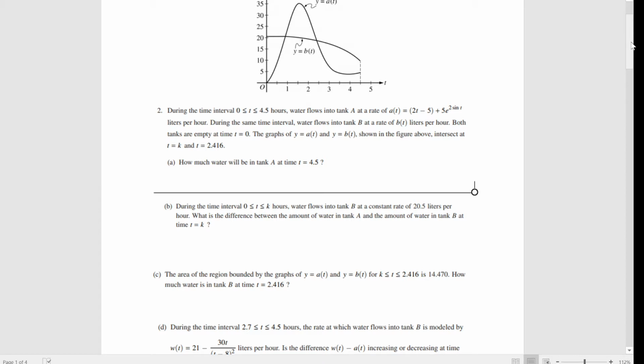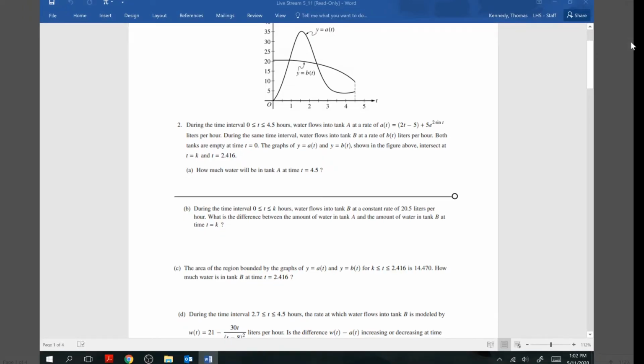All right. So we have 2 equations, A and B. For A, they give us an equation. B is more of an abstraction there. They intersect at this point that they tell us, 2.416. And it says, during the time interval 0 to k hours, water flows into tank B at a constant rate. So that's kind of nice. It has a constant rate.